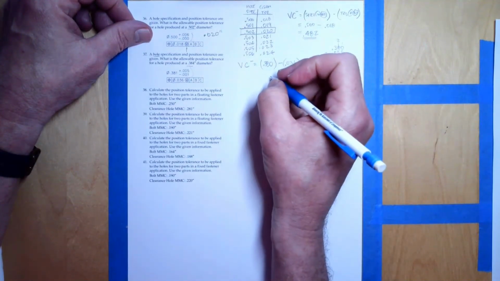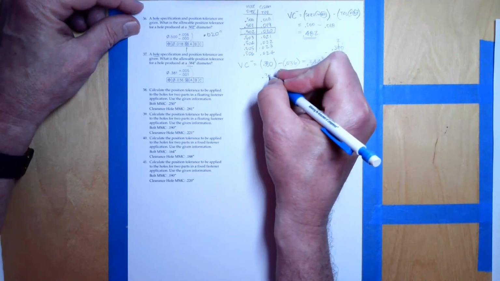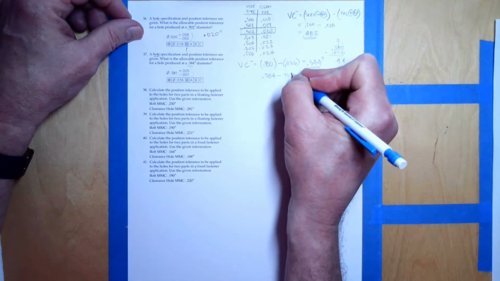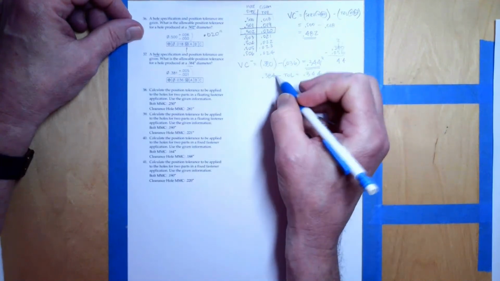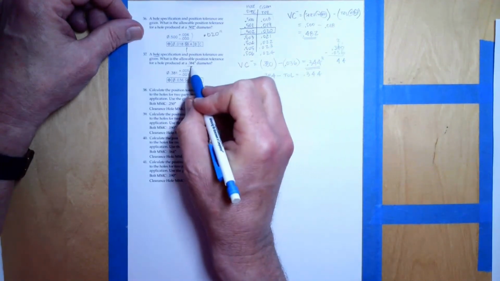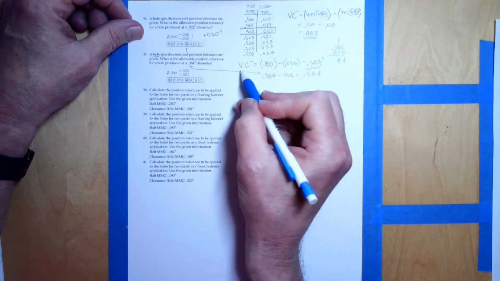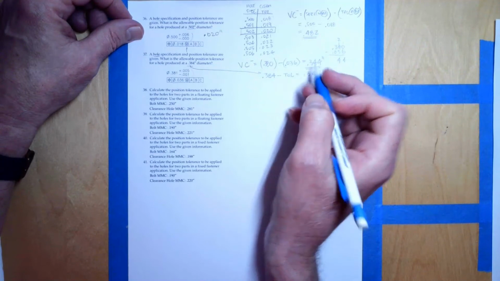So what we could do is say 0.384 minus the tolerance equals 0.344. So what I've done is I've just put in our hole size here, and we'll calculate what the tolerance is.